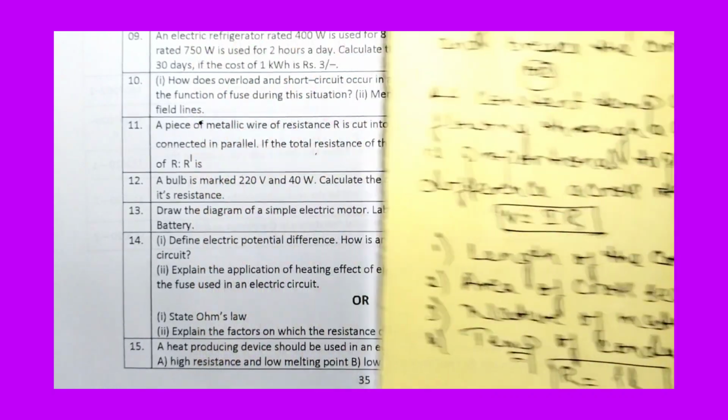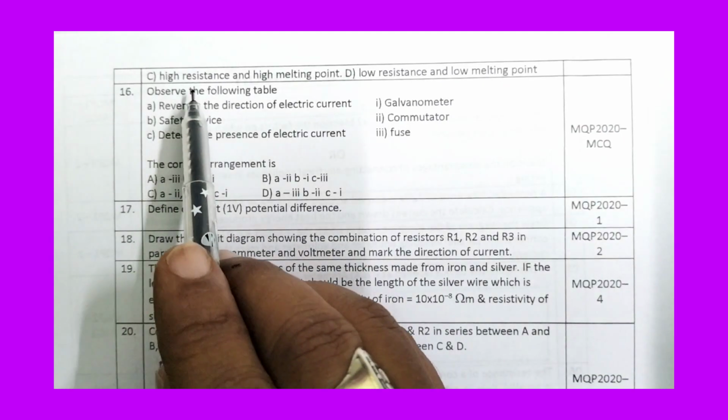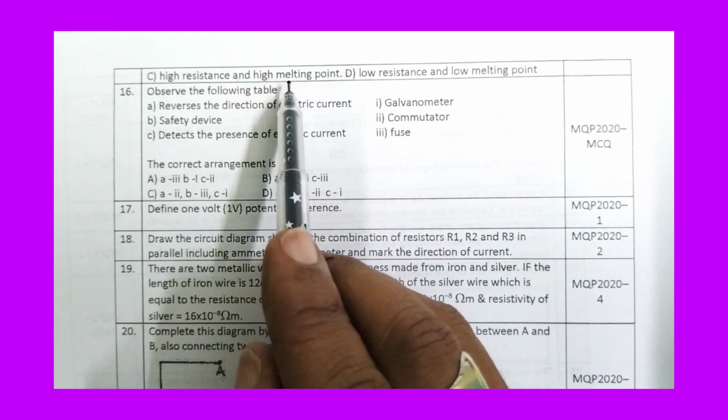Now the next question is, a heat producing device should be used in an electric circuit. This device should have high resistance and low melting point. Option B is low resistance and high melting point. Option C is given as high resistance and high melting point.